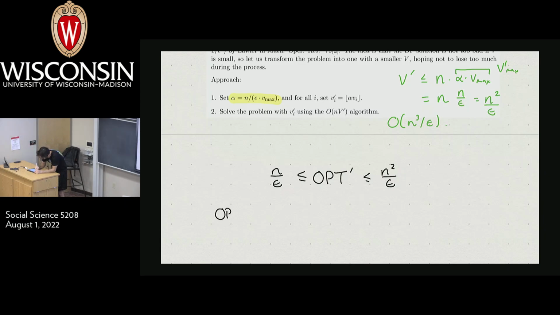So OPT prime can at least take V prime max, the biggest reward item. So at the very best, we can get n squared over epsilon, and at the worst, we can at least take that single item, which is n over epsilon. Okay?